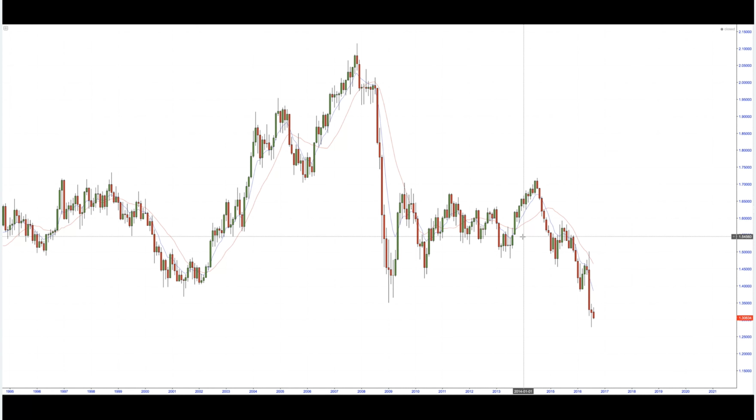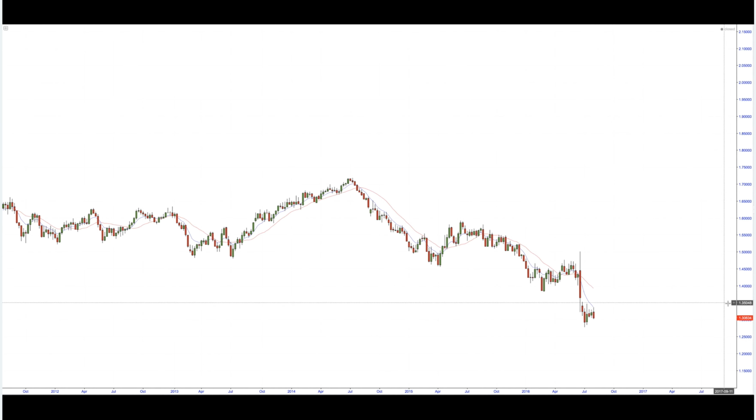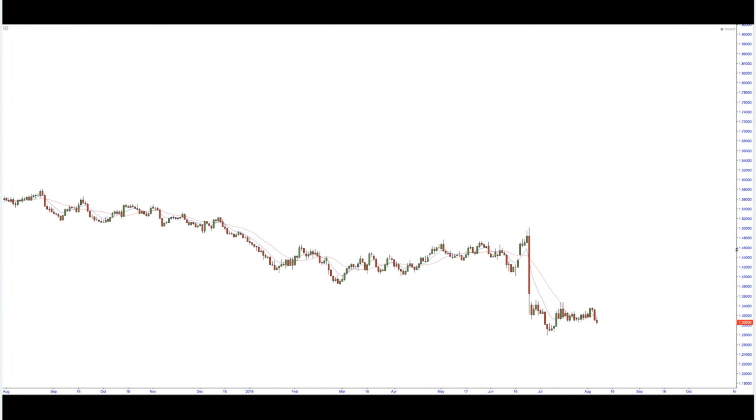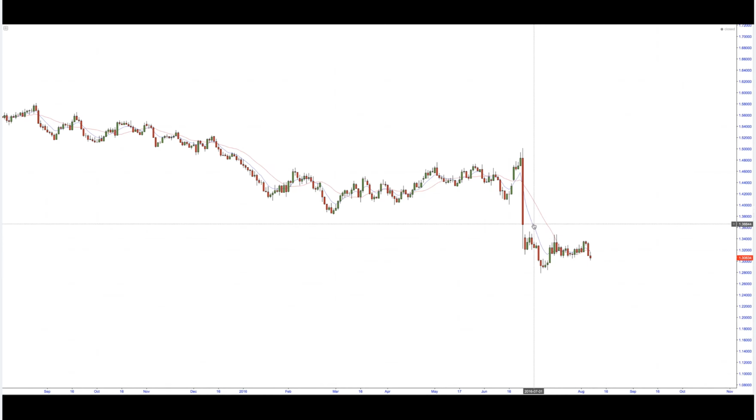So to get the overall momentum, you want to read the overall momentum of a market. As you can see, the momentum on this monthly time frame is in fact down at the moment. If you run down to the weekly, the momentum is down here as well. Sorry, the moving averages are down on both time frames. If we look at the daily as well, the moving averages have just crossed over again here.